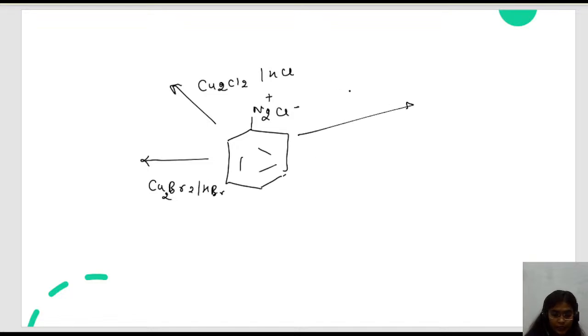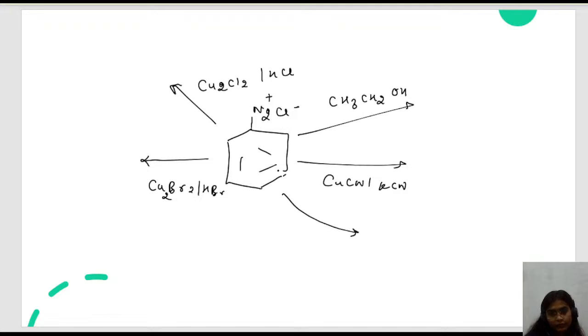And if I'm using CH3CH2OH, basically alcohol, and then CuCN, KCN. And if we're using KI and heat it, and if I'm using HBF4 and again heat it. Wait, let me first adjust the space.